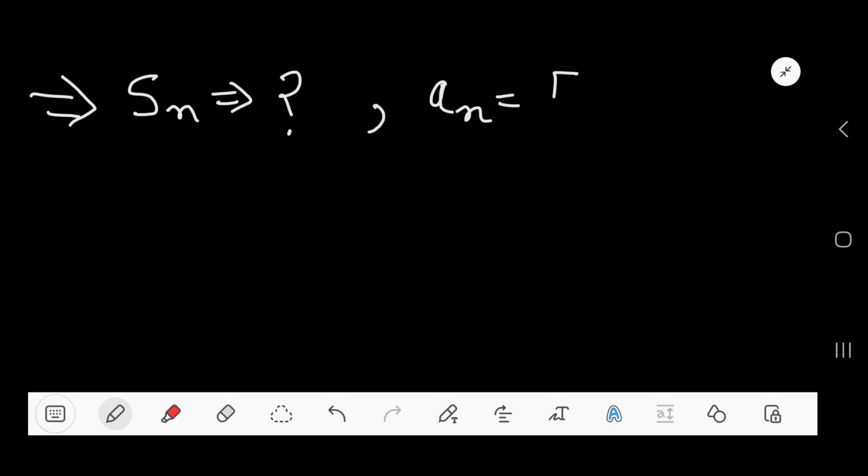Let's do one more example in which we have to find the sum of n terms, and our nth term is given as 5 minus 6n.